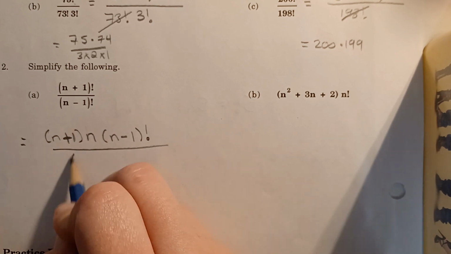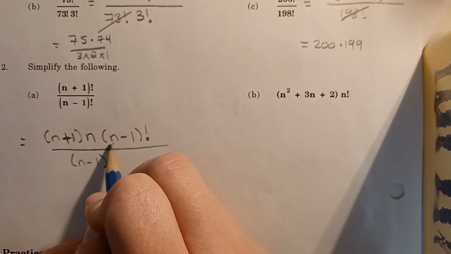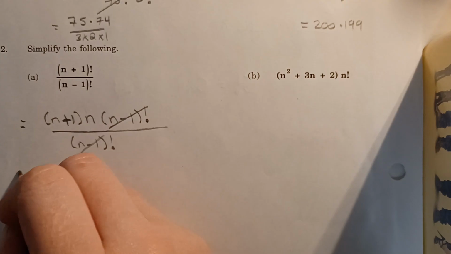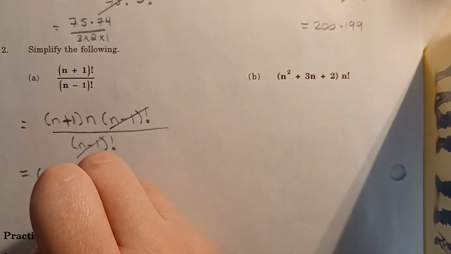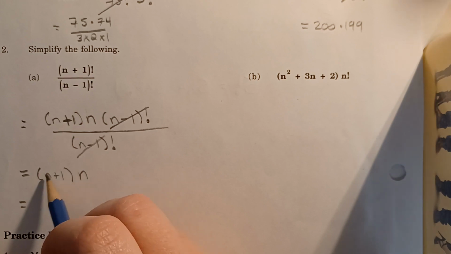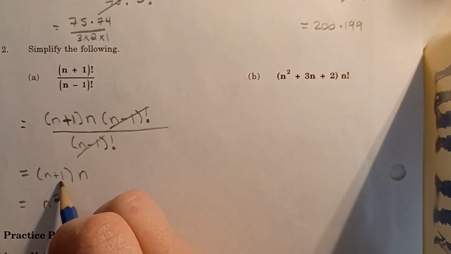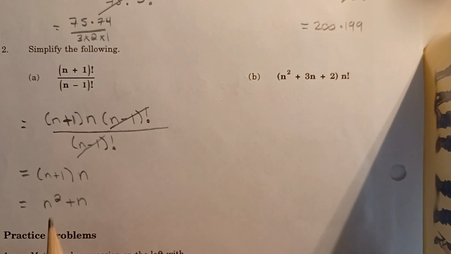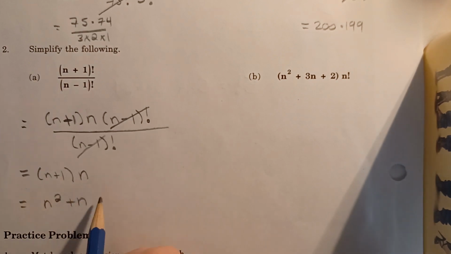Okay? Now we can divide this out, and we're just left with n plus 1 times n. That's going to equal n times n is n squared, 1 times n is n. And we could just leave it like this. Okay?